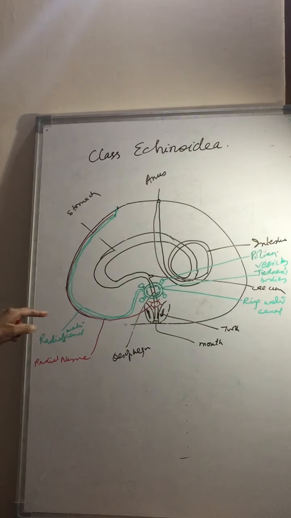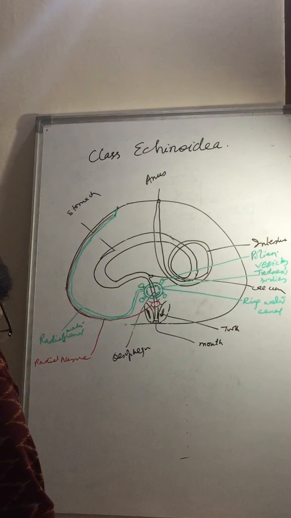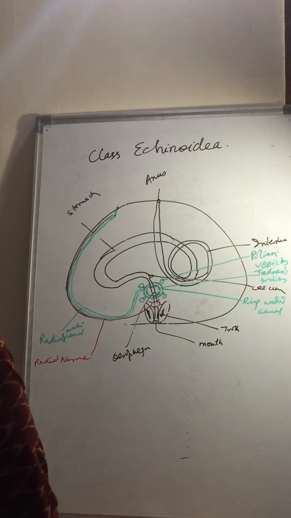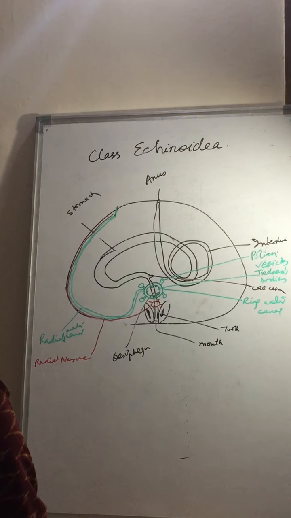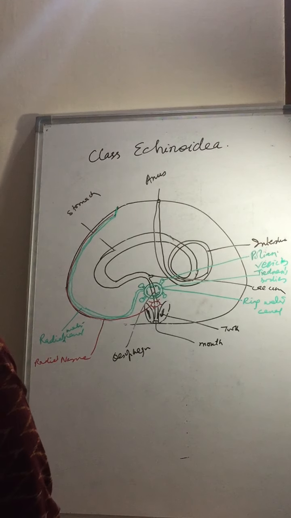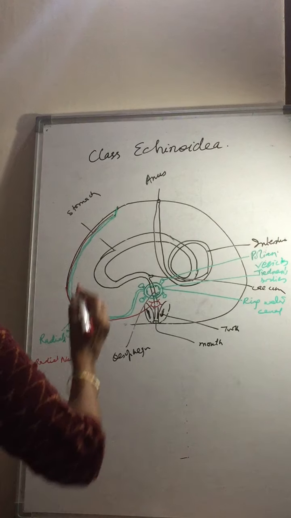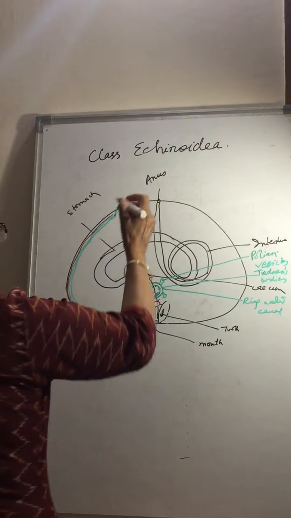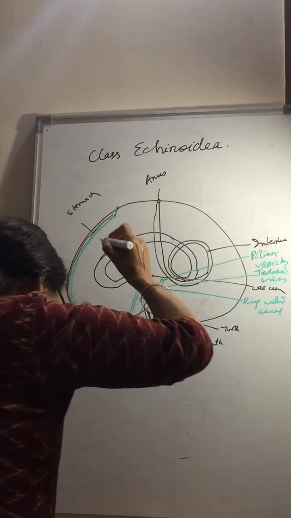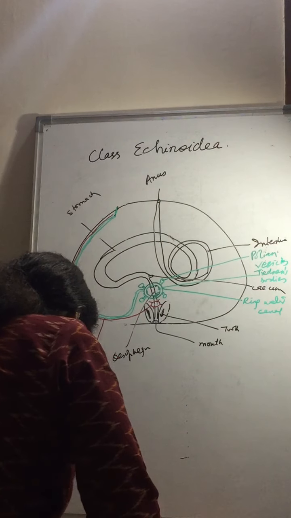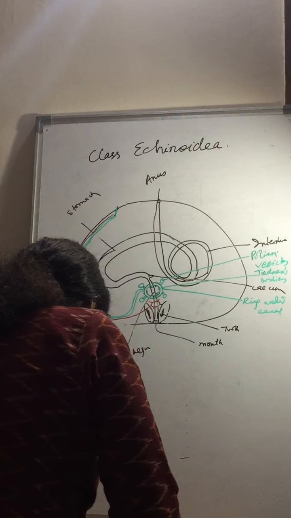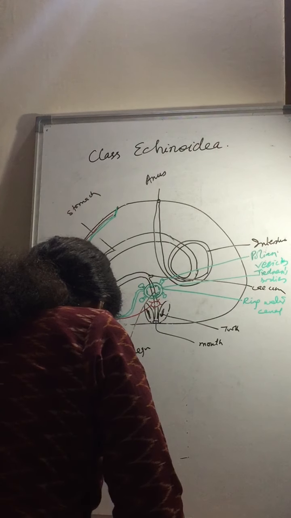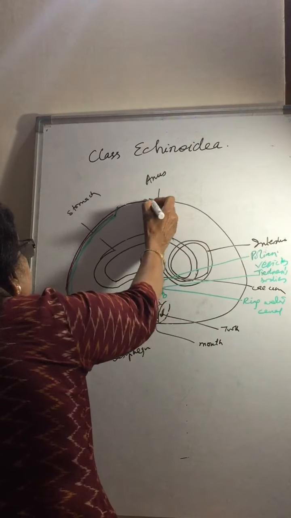This is about the water vascular system, which is like that of sea stars. One major thing is that on the aboral side the madreporite is there, and from the madreporite arises the stone canal.